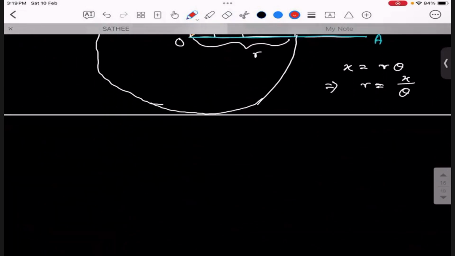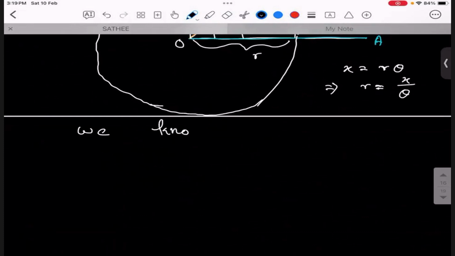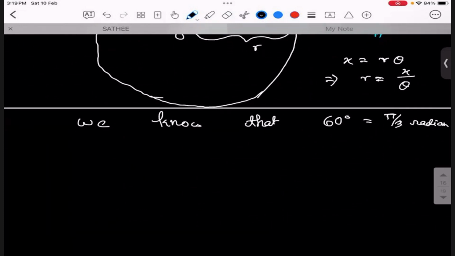We know that 60 degree equals pi by 3 radian. So we just need to put these values here.